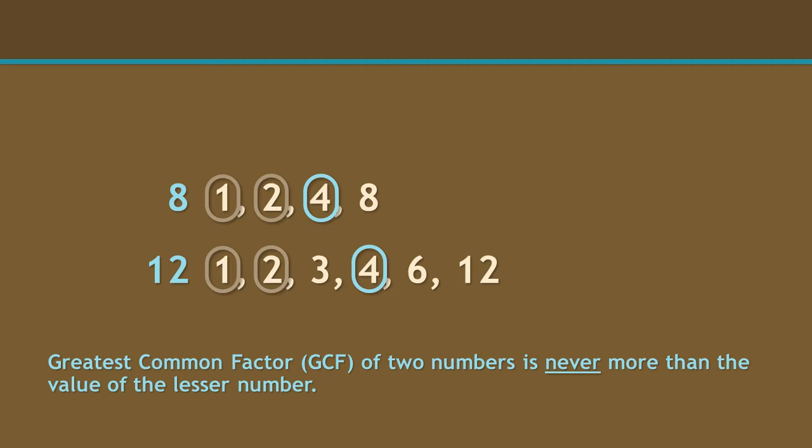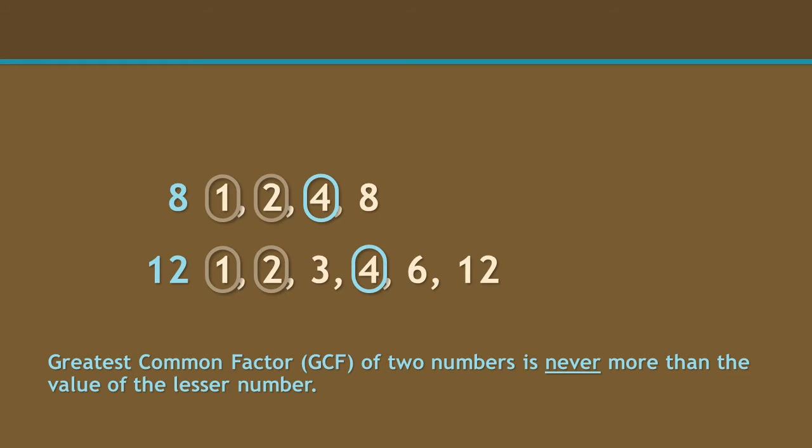Let me explain what that means. The greatest common factor of 8 and 12 is the number 4, and that number is less than the lesser of these two numbers. Now, the lesser of these two numbers is the number 8, and the greatest common factor is 4, which is less than 8, and it always needs to be that way.